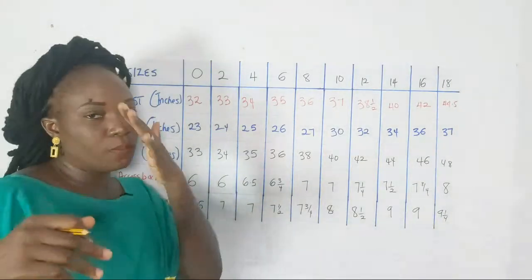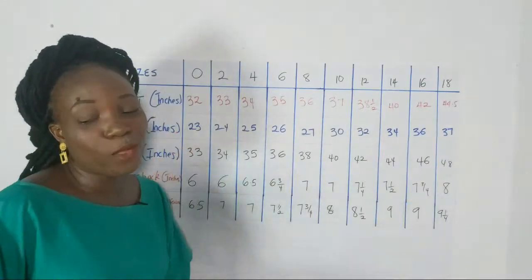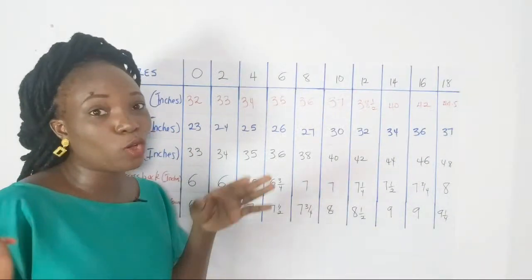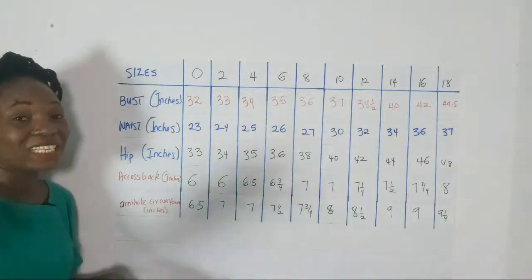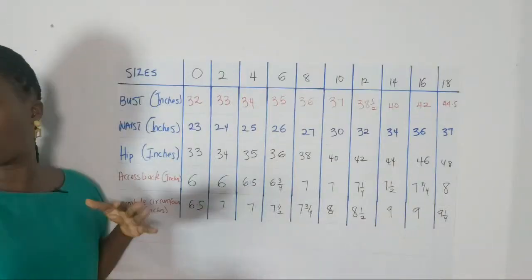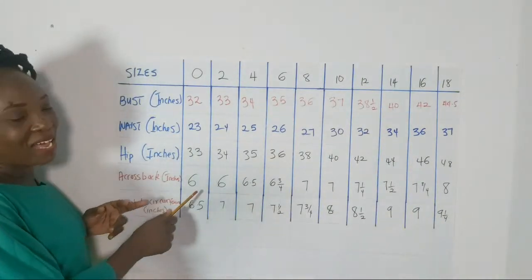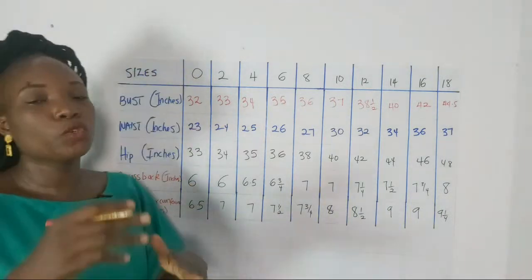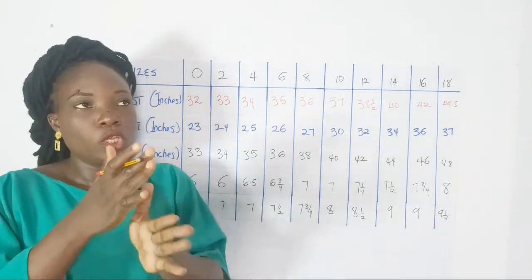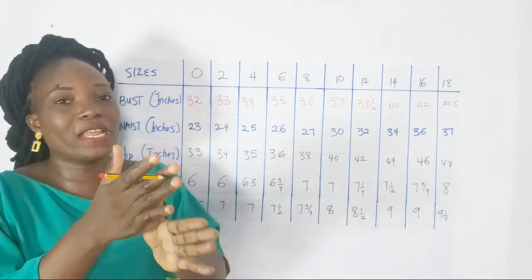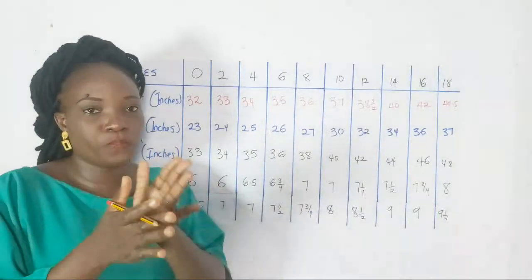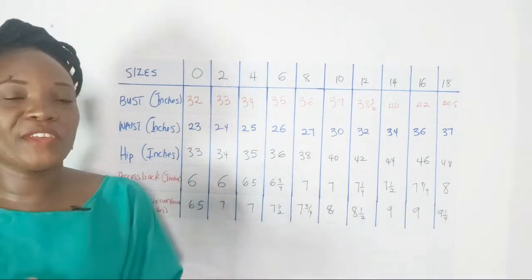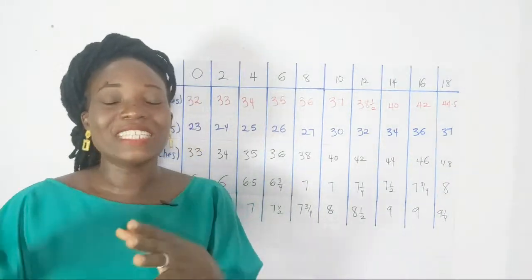As a guide, when you're adapting your basic bodice, let me not go into too much explanation so I will not confuse some people. The difference between your across back and quarter of your bust circumference should be between 2 inches and 2.5 inches maximum, except for people that have irregular sizes. I said it's a guide.